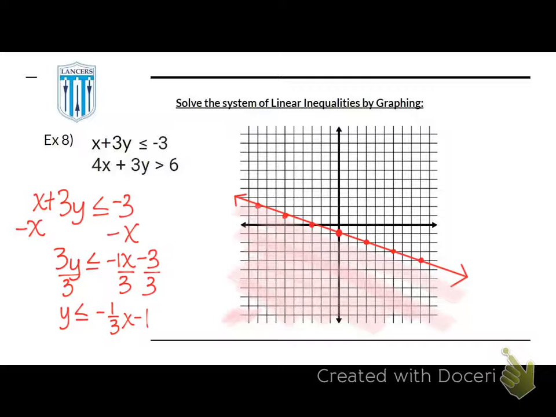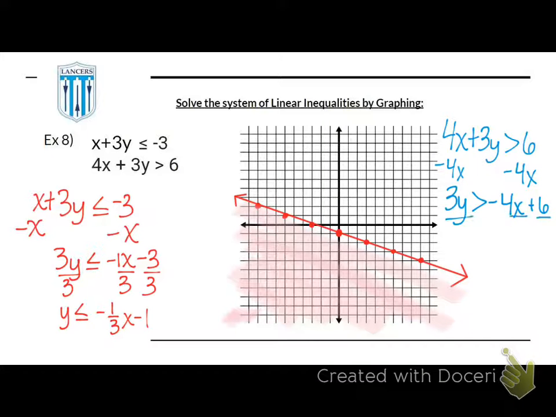All right, let's graph the second equation. But before we can, we need it in slope-intercept form. Subtract the 4x on both sides, and then divide by 3. So we have y is greater than negative 4/3 x plus 2.